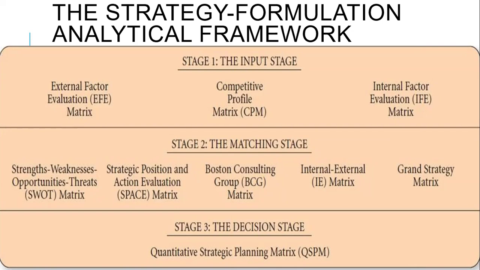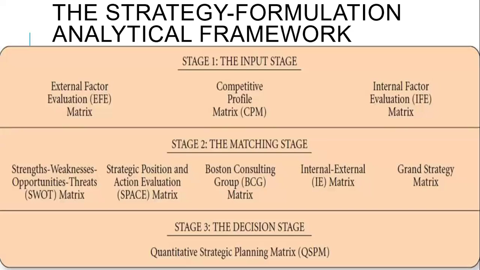Once the matching stage is exhausted, then the last stage begins, which is known as the decision stage. So the decision stage is the third stage, which involves a single technique that is utilized to actually pick the most appropriate strategy for implementation.